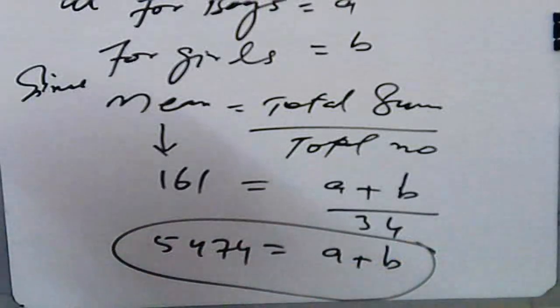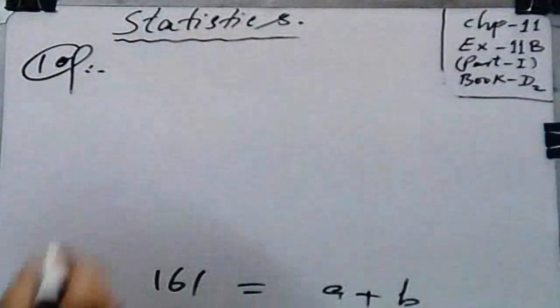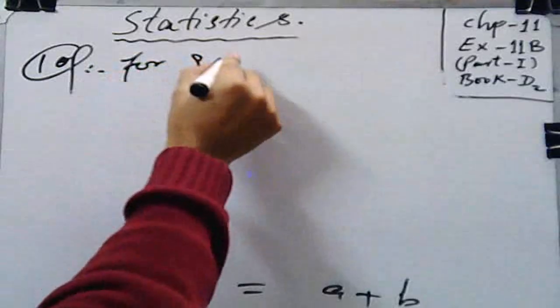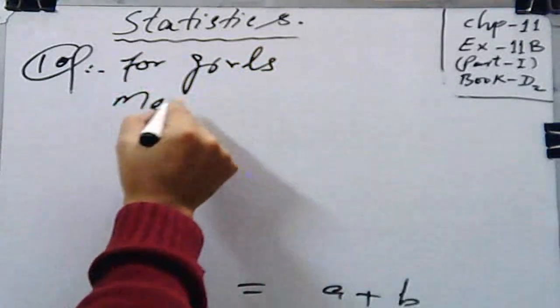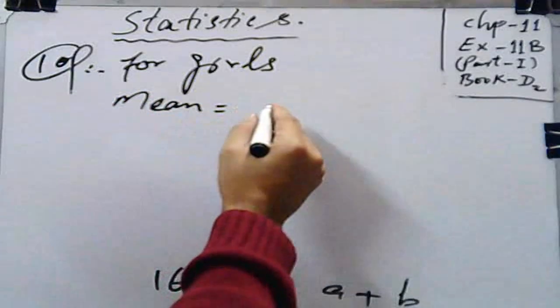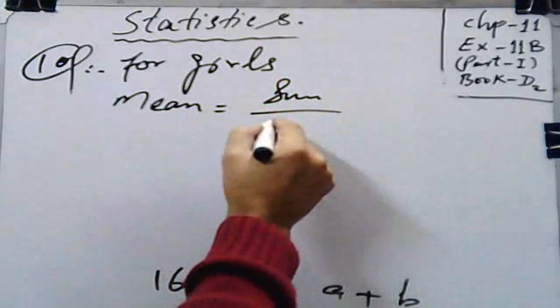But for girls we also have to find the mean. So this is your first step. For girls, mean is equal to total sum divided by total number.